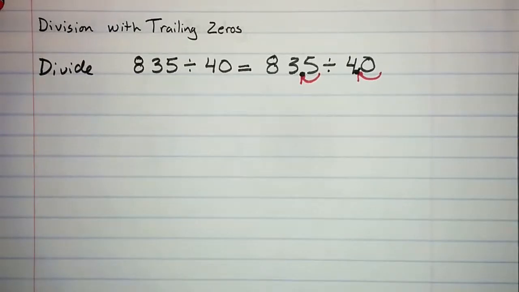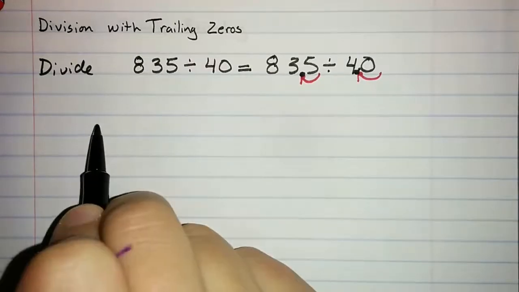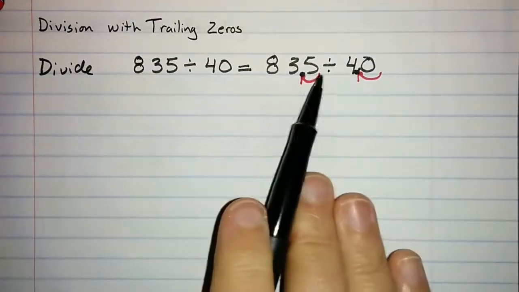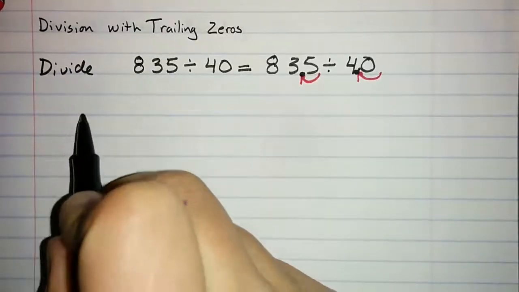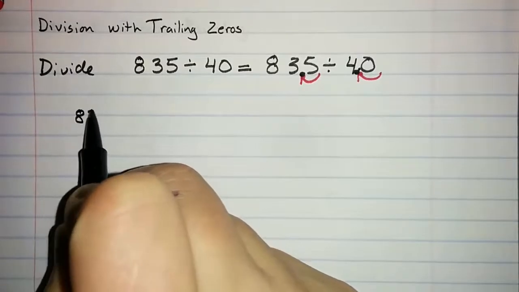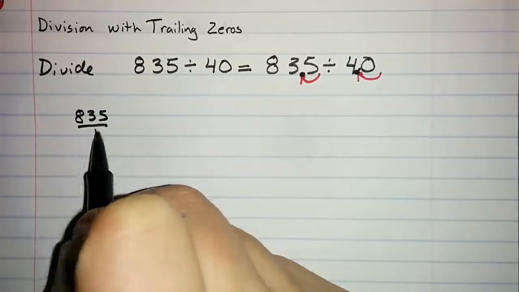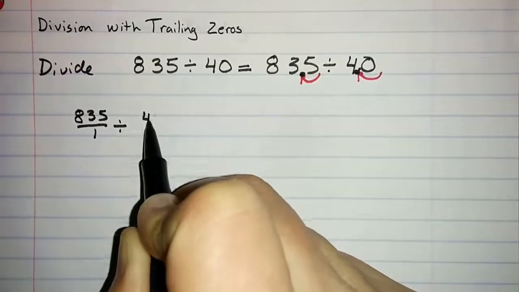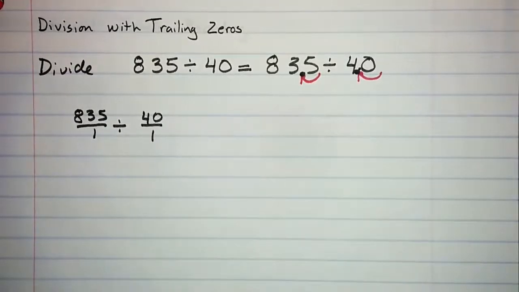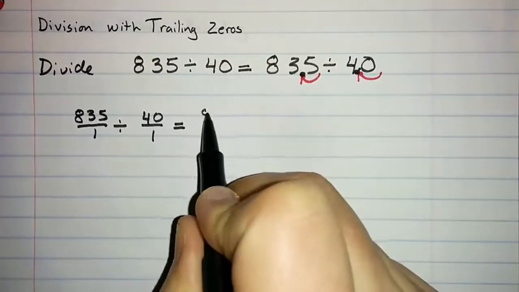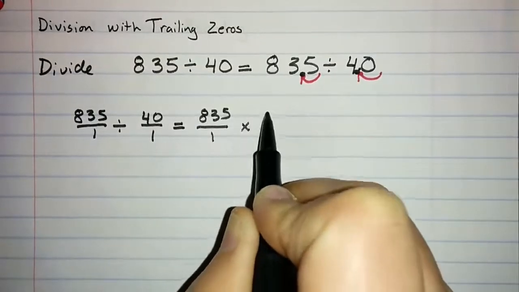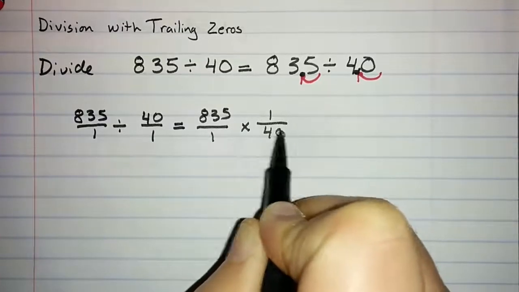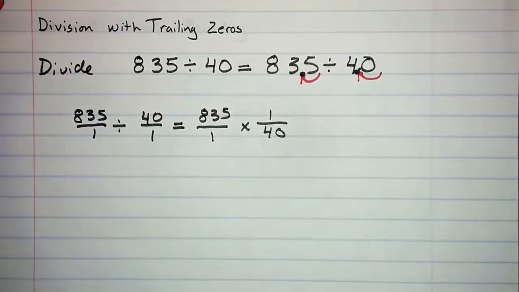What's going on here? In fraction notation, what we're saying here is 835 wholes divided by 40 wholes, which we can write as 835 wholes times 1/40, taking the reciprocal.